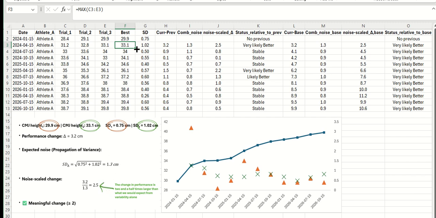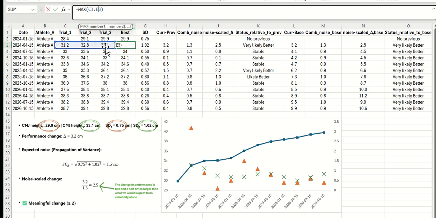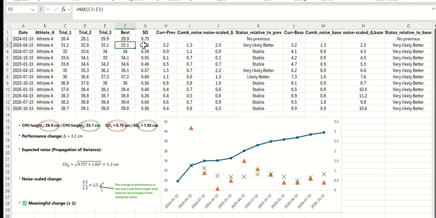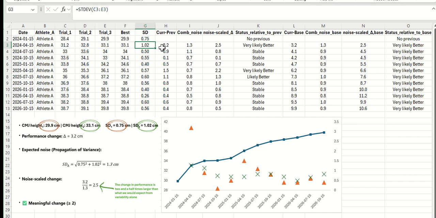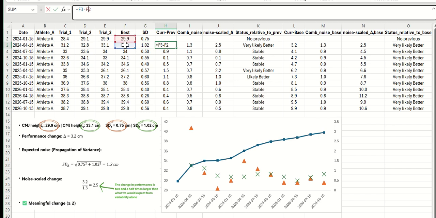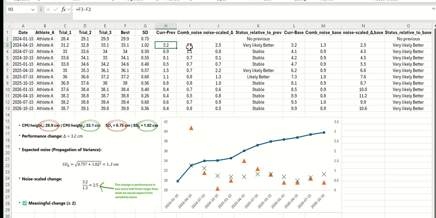So let's just look through this with respect to this sheet here. So again, we've got the best score from those 3 trials, the standard deviation from the 3 trials here. And what we want to do now, again, is compare the current score to the previous score. So again, it's 3.2 centimeters. Combine the noise.